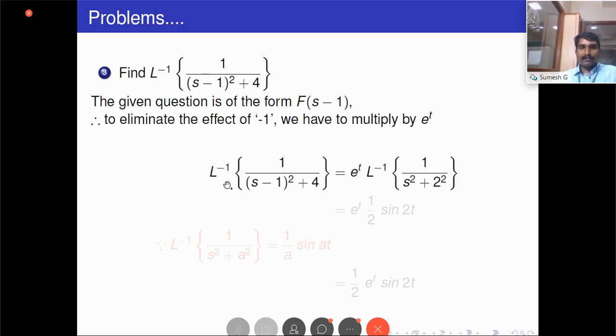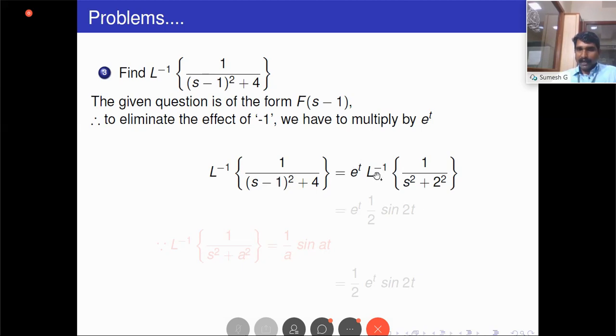Therefore, L inverse of 1 by s minus 1 whole square plus 4 equal to e raised to t into L inverse of 1 by s square plus 2 square. By multiplying by this exponential term e raised to t, minus 1 cancels.